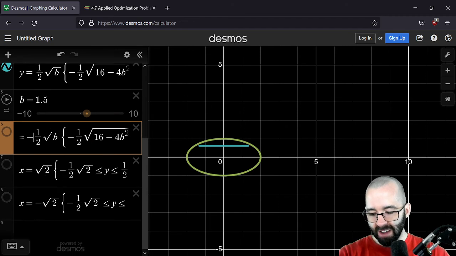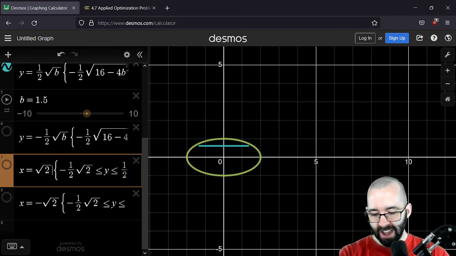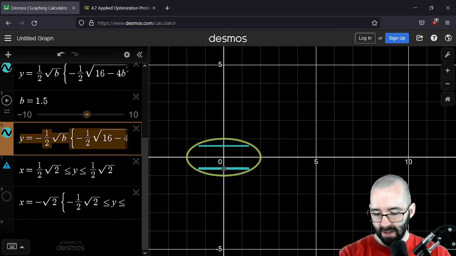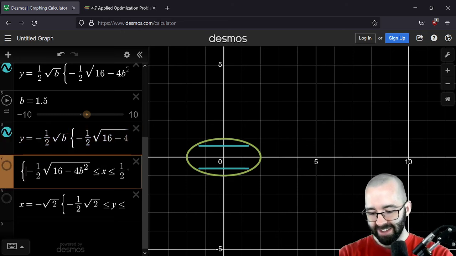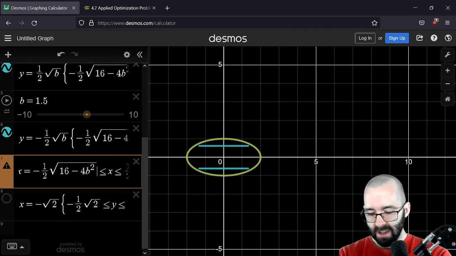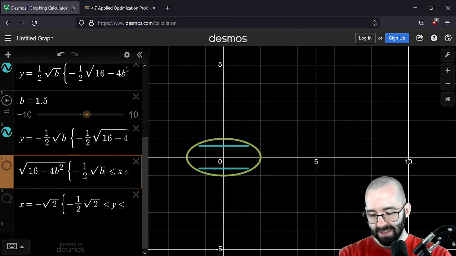And then you kind of flip it for the X coordinates. So you just flip the domain and the range. So this becomes, this is actually going to be kind of cool, this becomes X equals that on the domain of this.